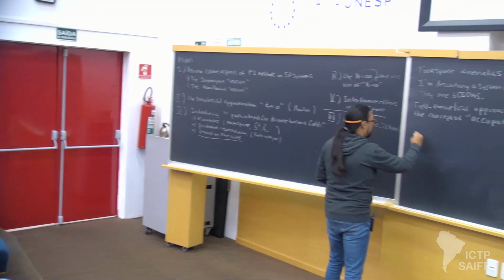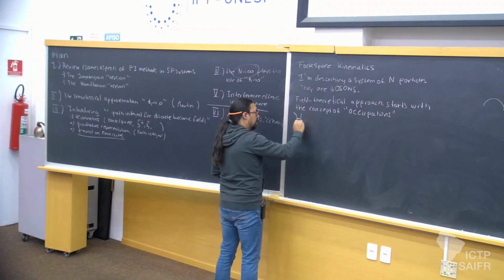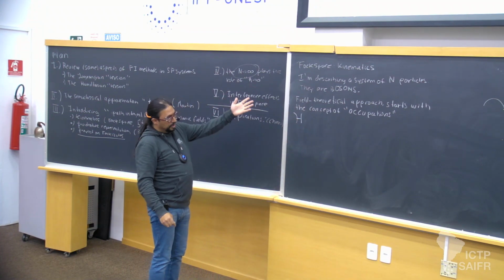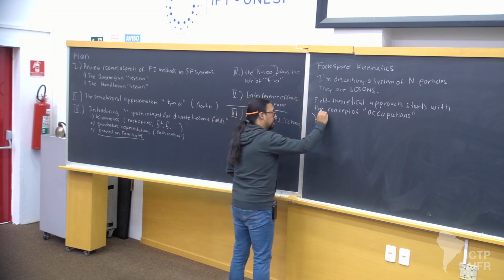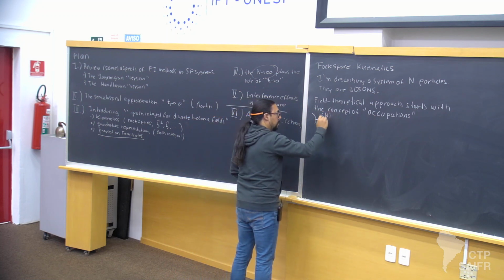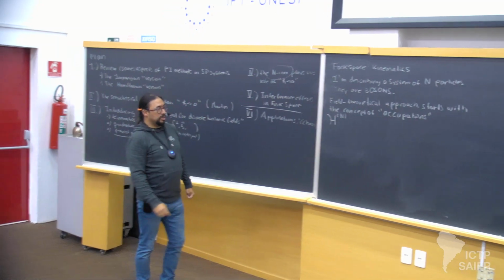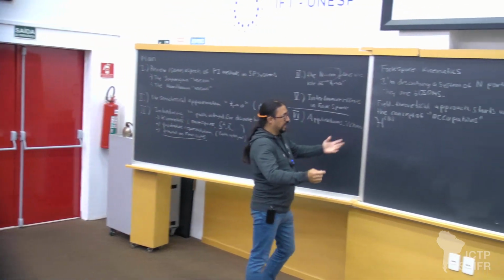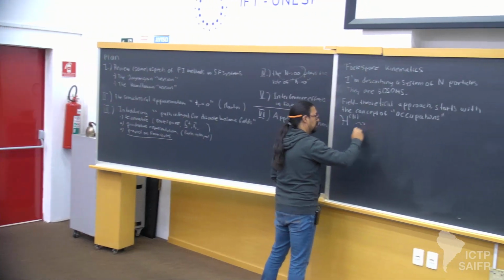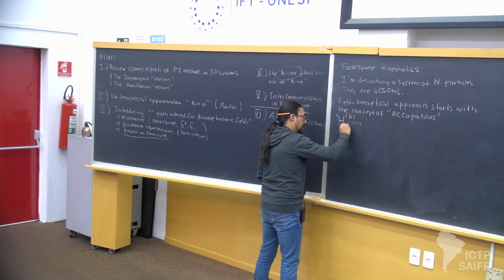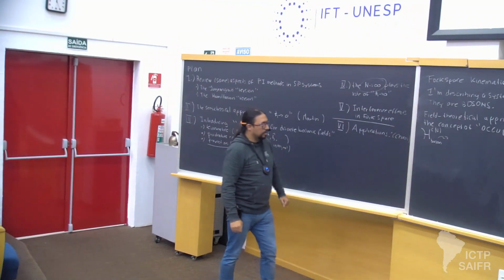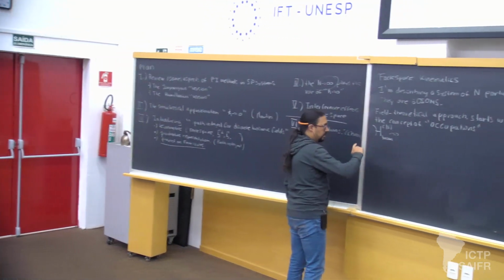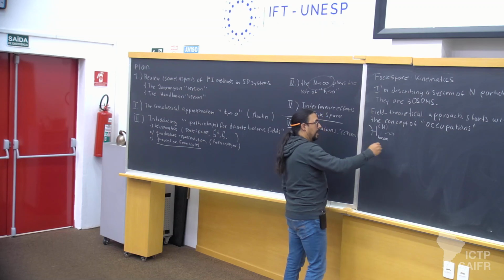So the Hilbert space of a bosonic system of n particles, which are indistinguishable, is called the Fock space, and I call it the bosonic Fock space. I will talk about fermions tomorrow a little bit, but let's focus on bosons.